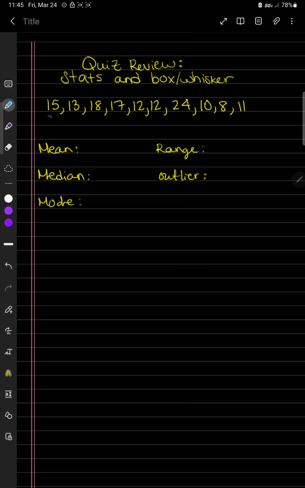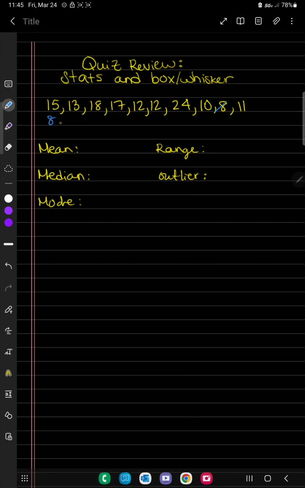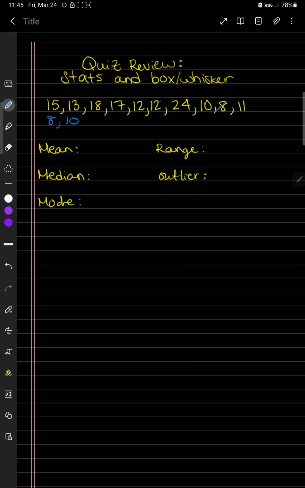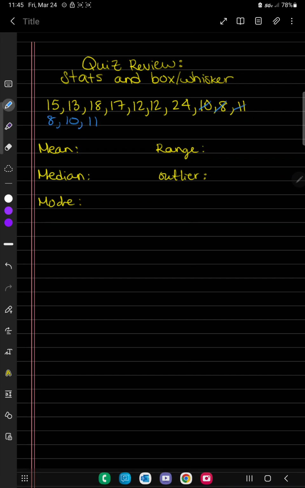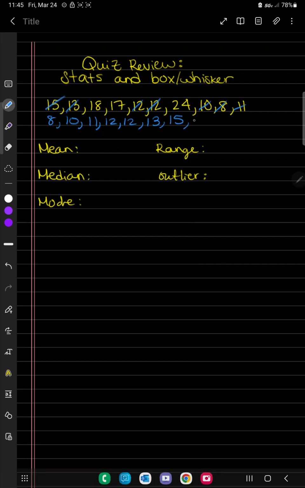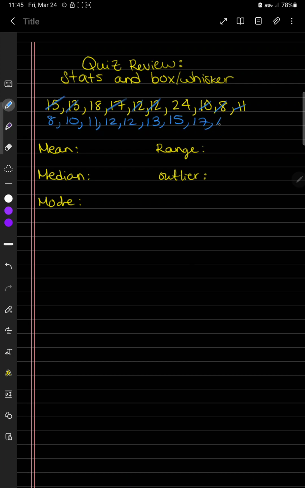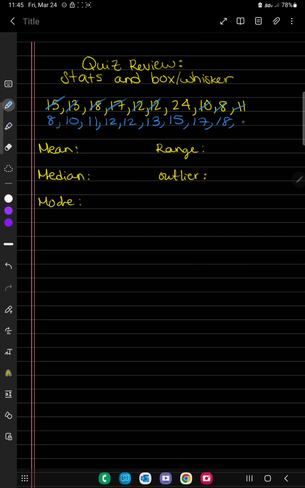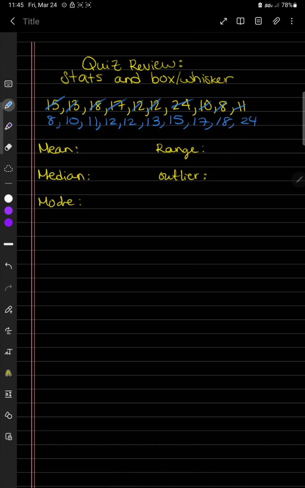So our smallest number is 8, 10, 10, 11, 12, 12, 13, 14, 15, 17, 18, and 24.